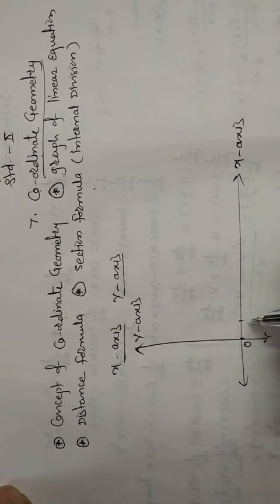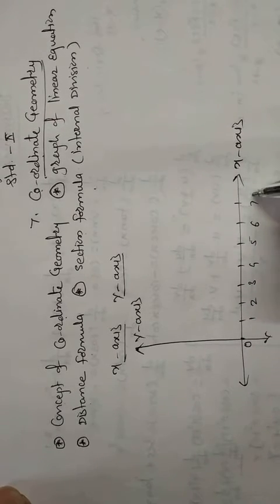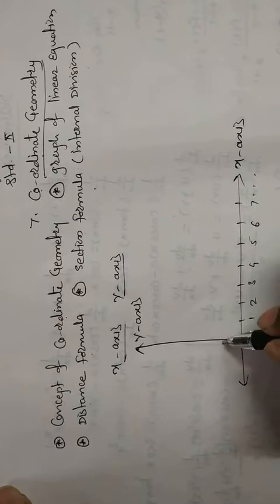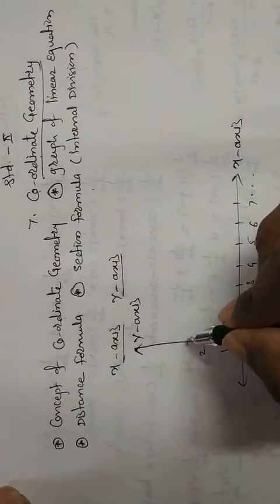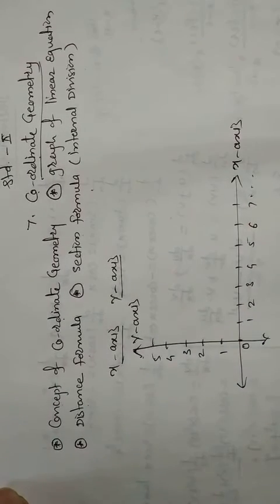Then on this side 1, 2, 3, 4, 5, 6, 7 and up to infinity. Here again 1, 2, 3, 4, 5 up to infinity. On this side are the negative numbers, that is -1, -2, and so on. Here again -1, -2 and so on, up to infinity.